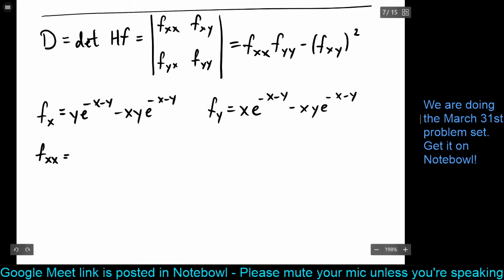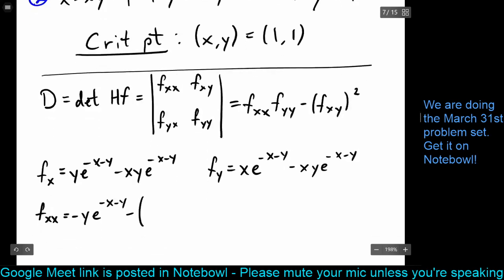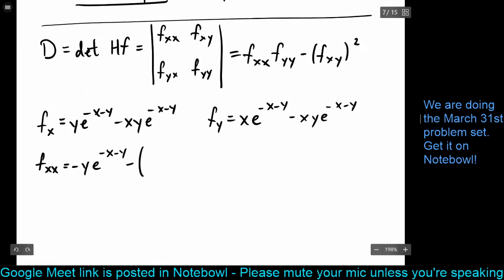That's going to wind up giving us a negative, minus y e to the minus x minus y. Then minus, if you look here, we're differentiating this with respect to x. If you look at this part right here, this is just the original function. So the derivative is just going to be this again.